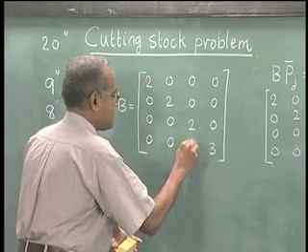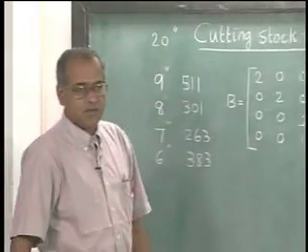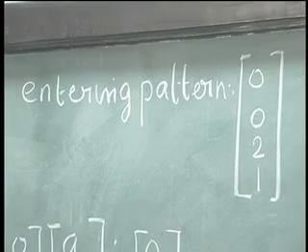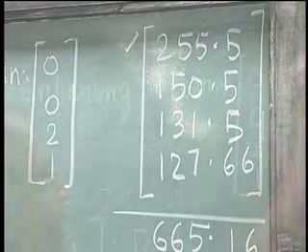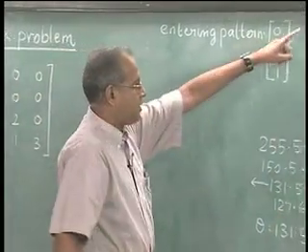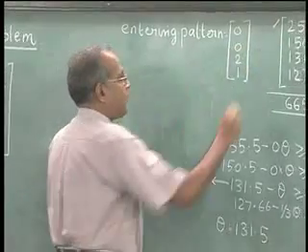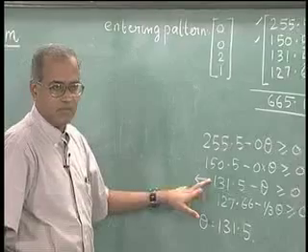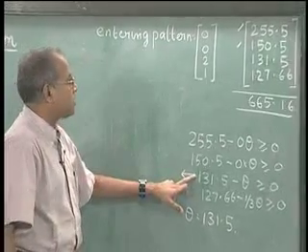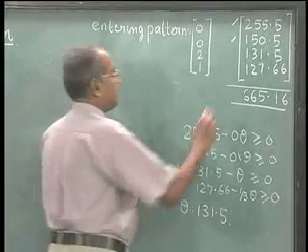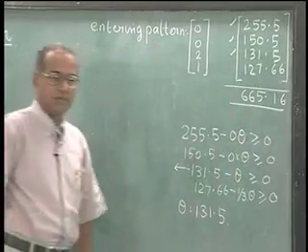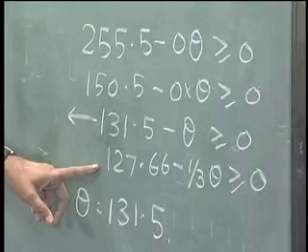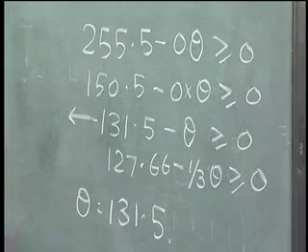Now the basis is updated, and we need to find out the solution there. The solution will be 255.5 will remain, 150.5 will remain. This is the binding equation. So, here theta will be 131.5, which will also remain. The last one will become 127.66 minus 1 by 3 theta.